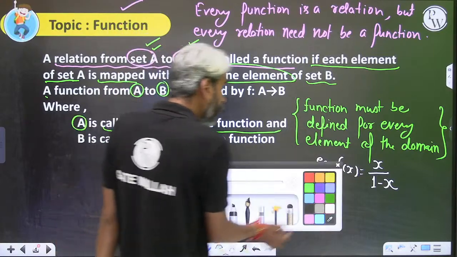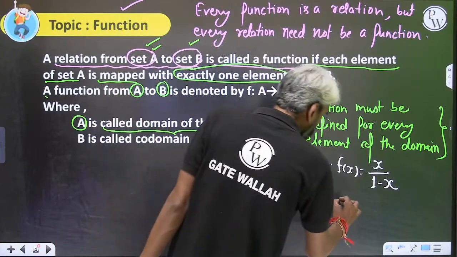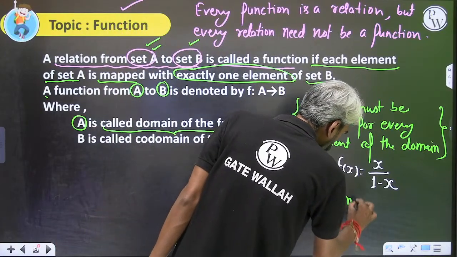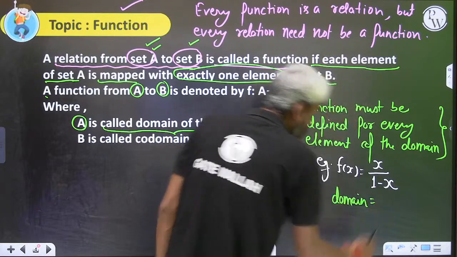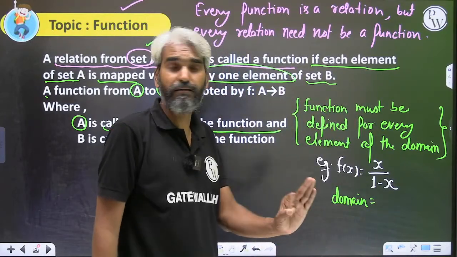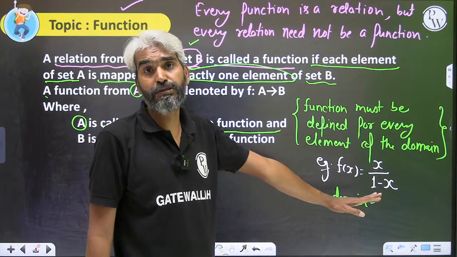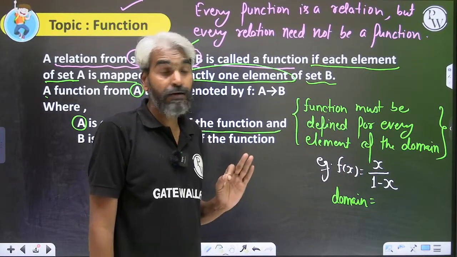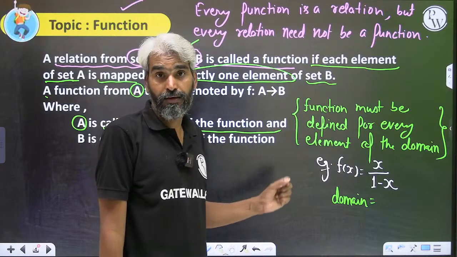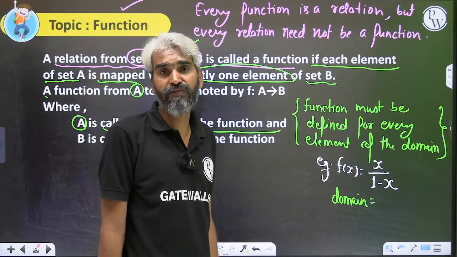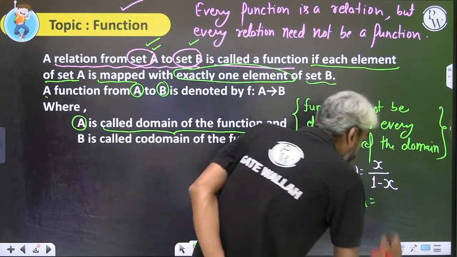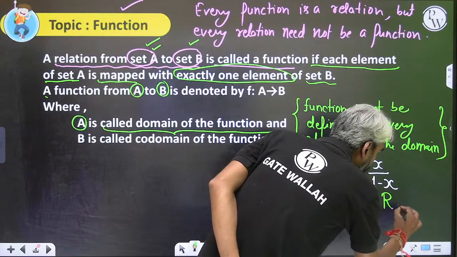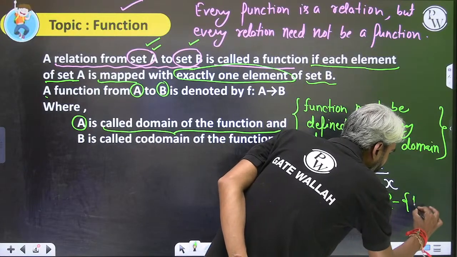So what will be the domain of this function? This function can take any real number. You can pass any real number to this particular function and it will produce an output. But if you pass 1 as an input to this function, then this function will not be defined. Therefore, the domain will be nothing but the set of all real numbers except the element 1.